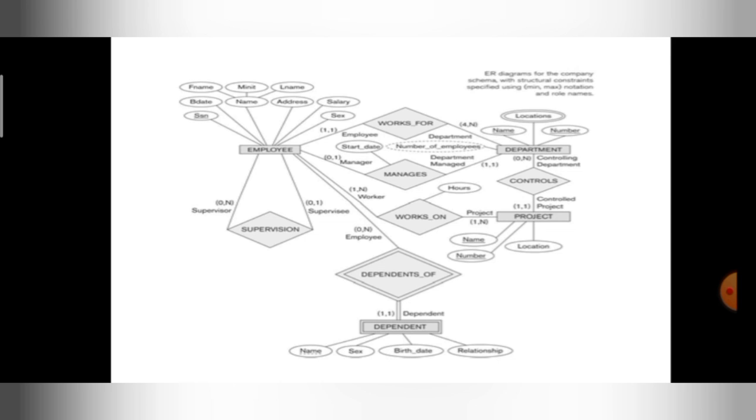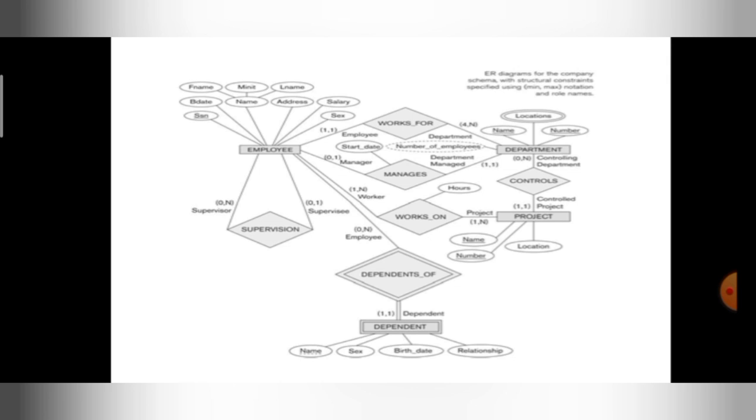For example, if something happens to the employee, they have to inform the relatives, right? That's why for each employee they will collect the relative information also. This dependent can be totally dependent on the employee, because if you remove the employee from the company, the relative information will also be removed. That's why this relative is totally dependent on the employee.